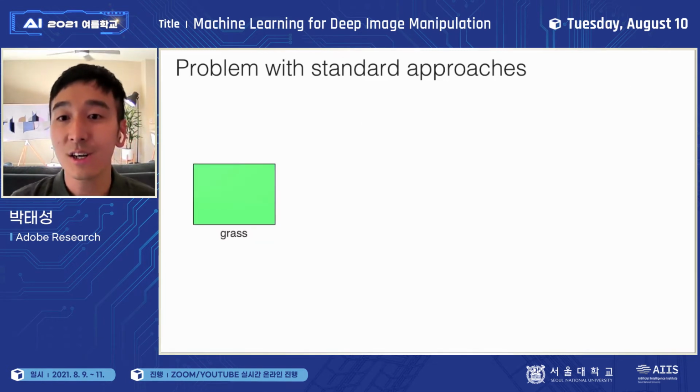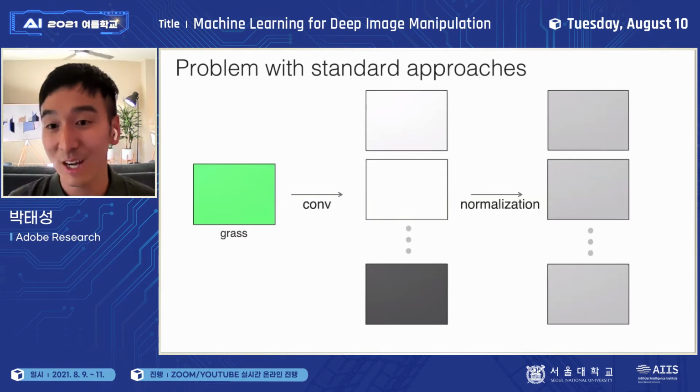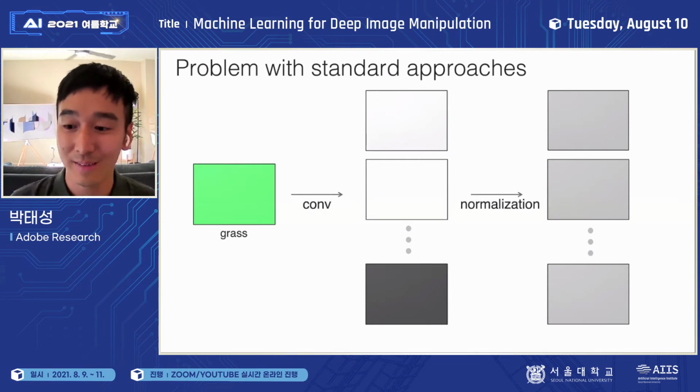However, normalization causes too much invariance if the input is uniform. It's because the output of convolution is also uniform, and after normalization, everything just becomes zero. In other words, the input signal is completely lost in the middle of the network.